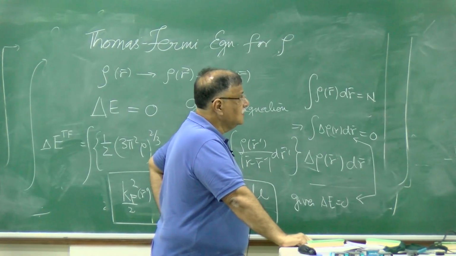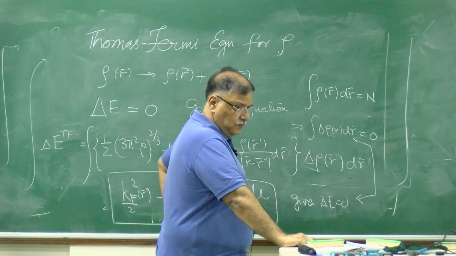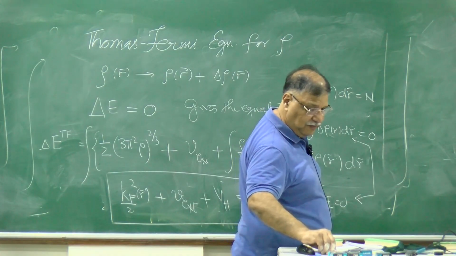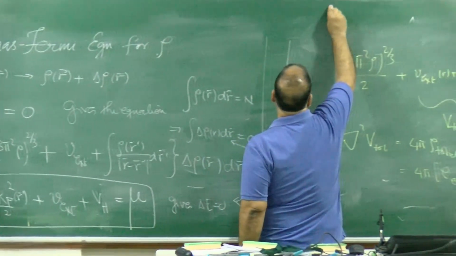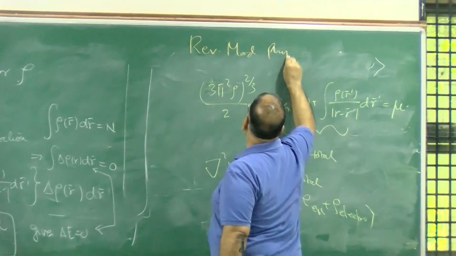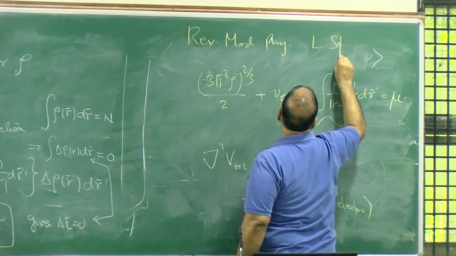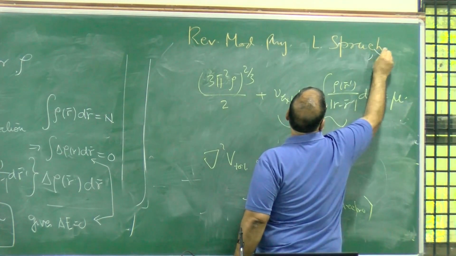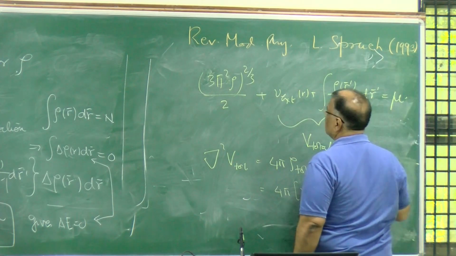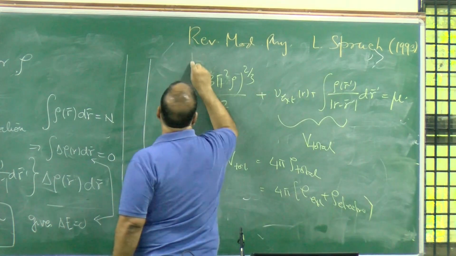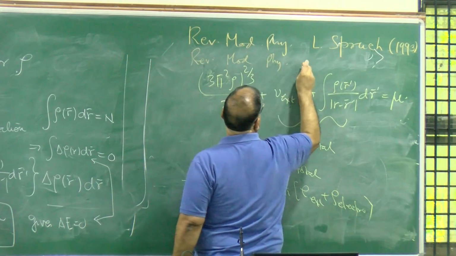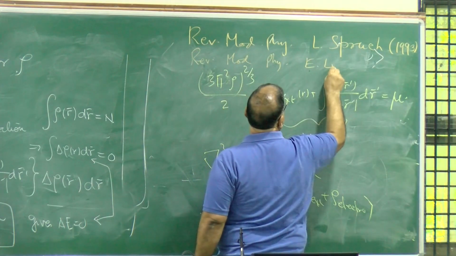All right, so this has generated many papers because this is easy enough to model to solve, maybe not that accurate all the time. So there's a Reviews of Modern Physics by Larry Spruch, I think it's 1993. Then Reviews of Modern Physics by Elliott Lieb.